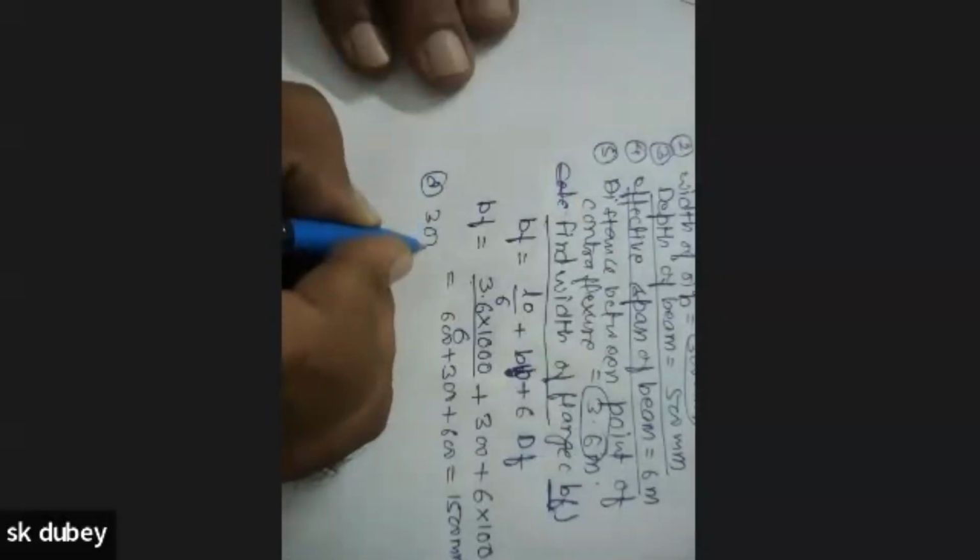They are giving options like A 300 mm, B 3000 mm, then 1900 mm, C 1600 mm, and D 1500 mm. So the correct answer will be 1500 mm. Like that we have to calculate. They are asking questions in either way, and we have to solve the problem and find out the answer.